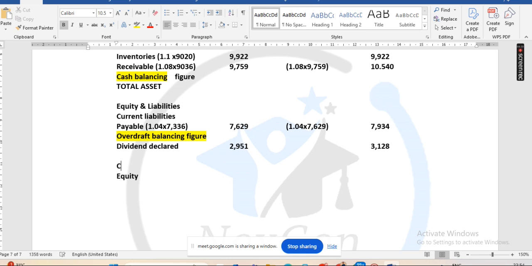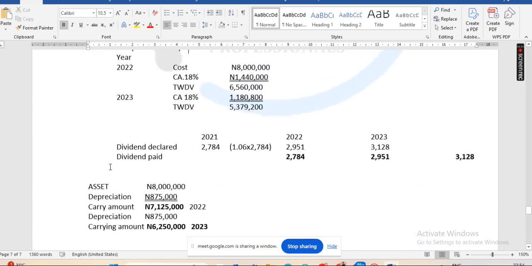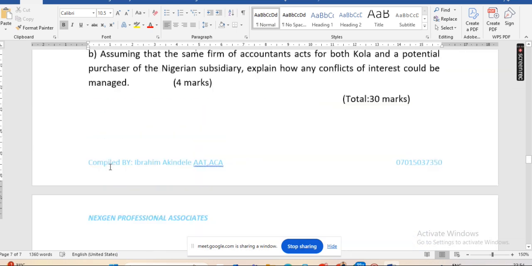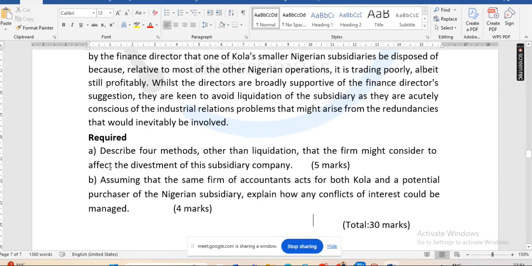Then we go back to non-current liability. All right, so we go back to what we were given in the question for the non-current liabilities.